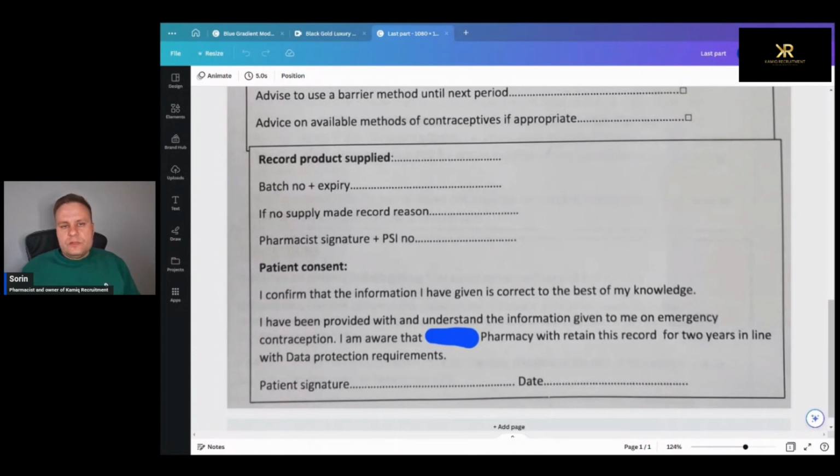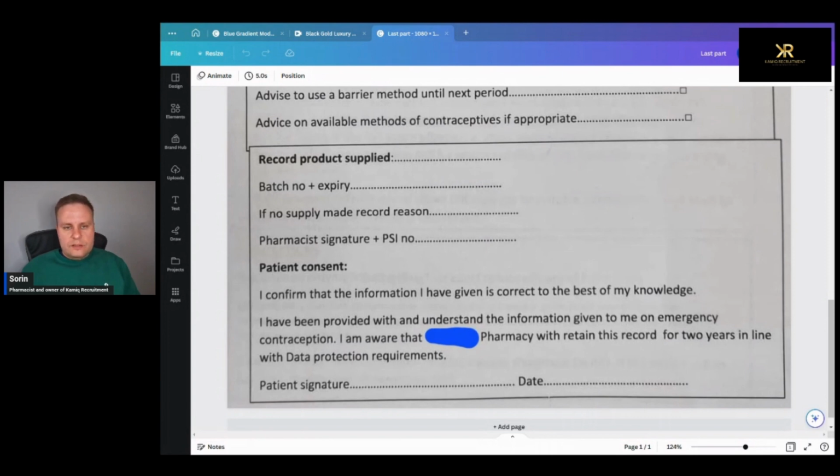So this is where you write under 17 or severe asthma or any other reason that you had to not supply any emergency hormonal contraception at all. You write it here. And then you sign it as a pharmacist and you write in your PSI number. And that's the way you confirm that the information you have given is correct to the best of your knowledge.